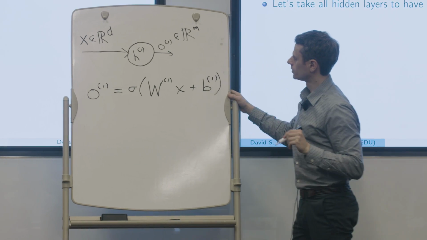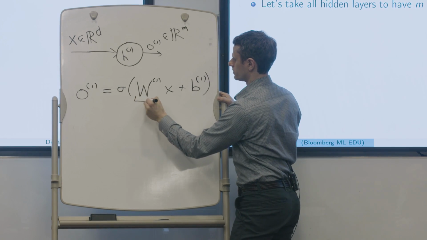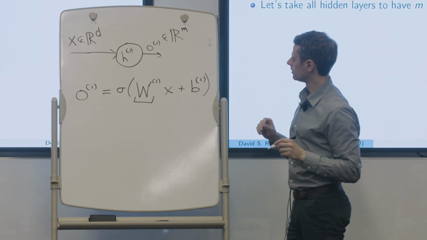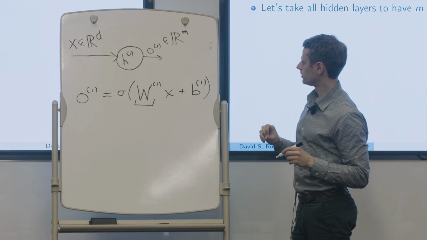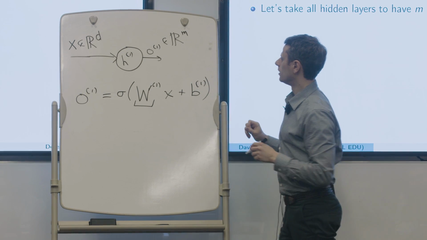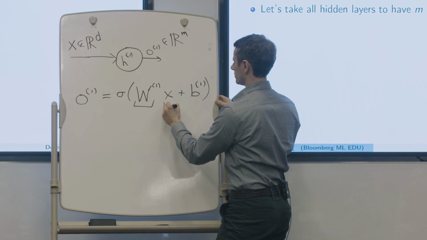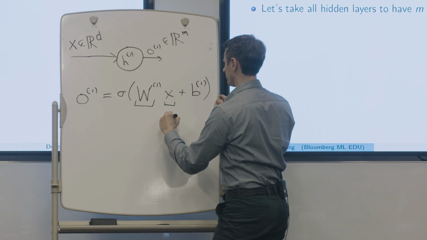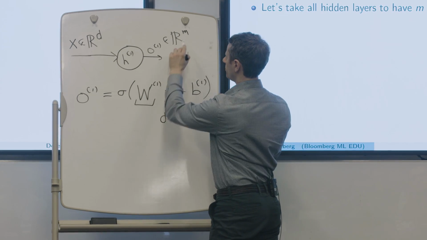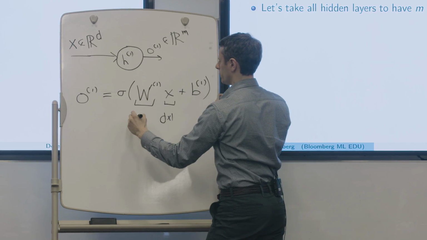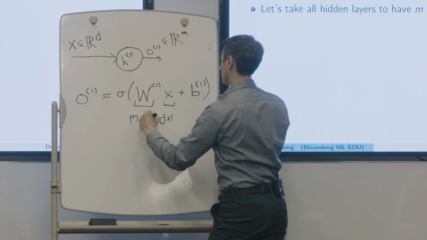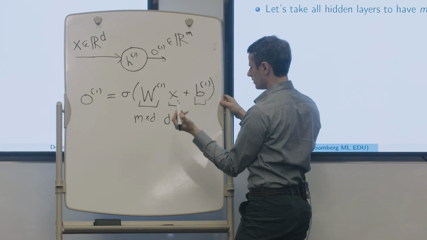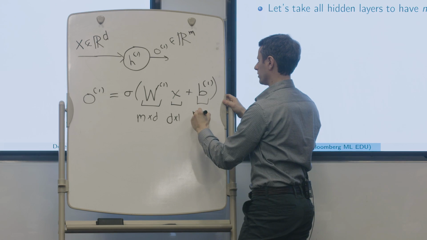All right. So what dimensions is W going to have? x is d by 1. We want the output to be m, so W must be m by d. And the bias is m by 1, great.